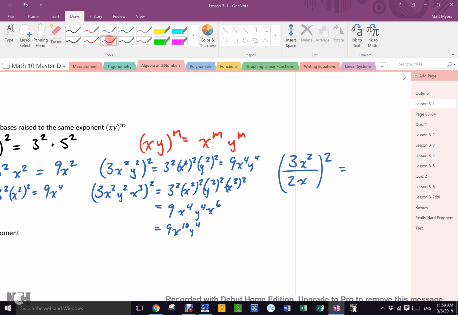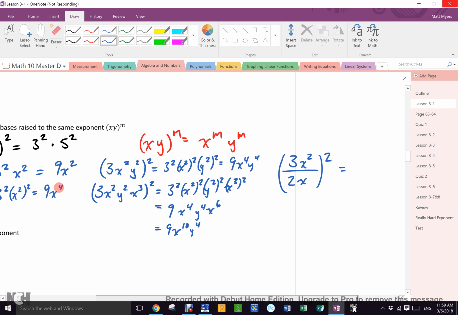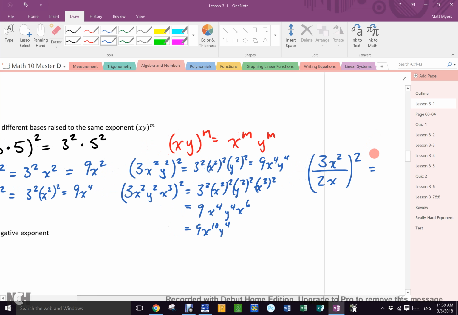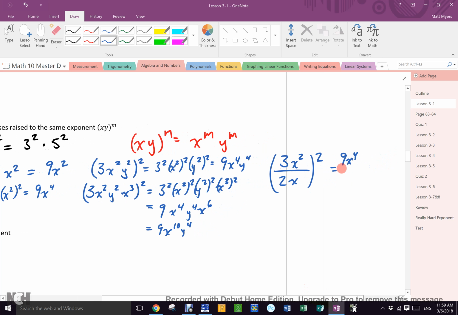You already know what the top is going to be. We've already done that. What is it? Oh! 9x to the 4th is the numerator. 9x to the 4th. What's the denominator? 4x squared. Now what would you do with that?